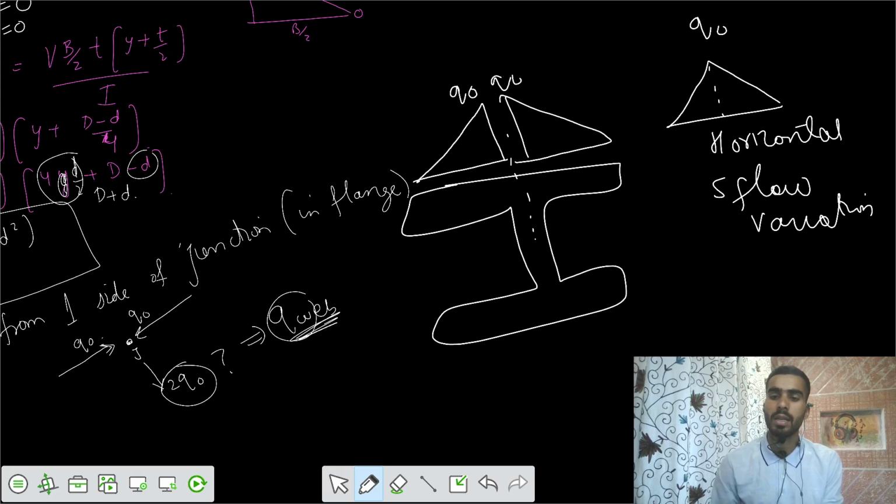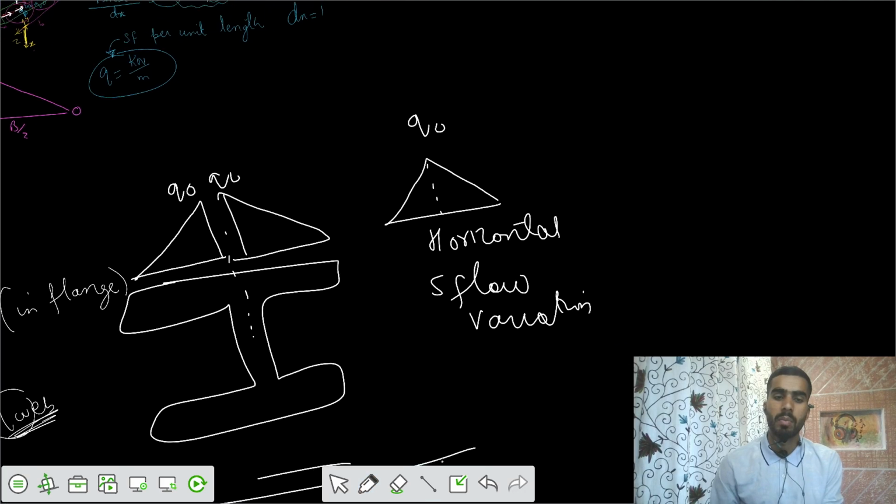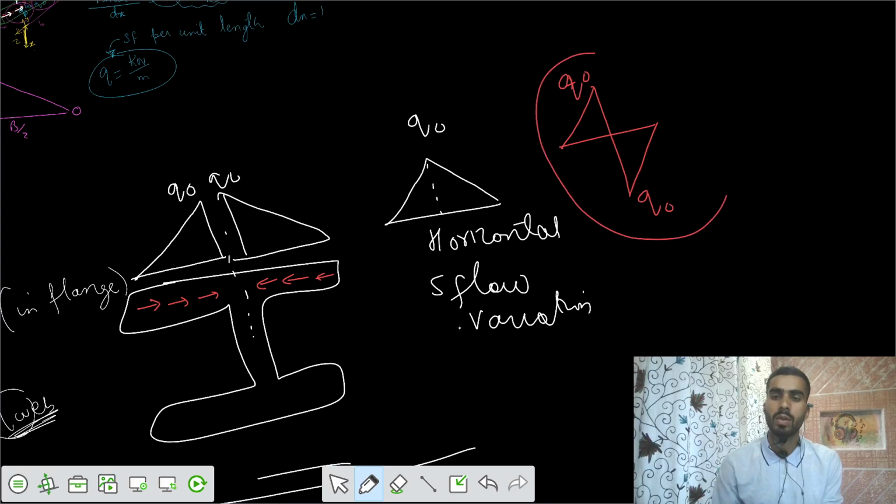Or, from another perspective, you can draw it based on direction. This is the shear flow in the positive x direction, and this is the shear flow in the negative x direction. Let's say this is some positive Q, and accordingly from the bottom side you can draw it this way. So this is one more representation of shear flow.